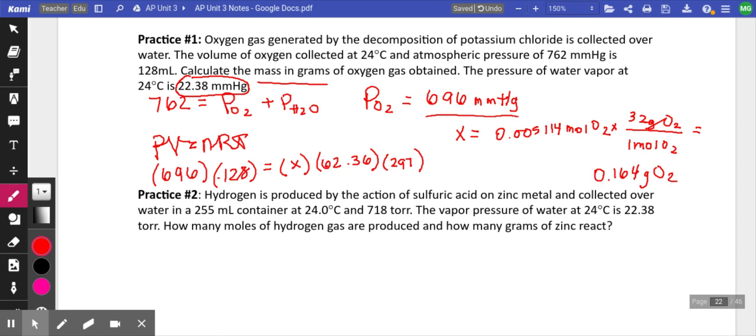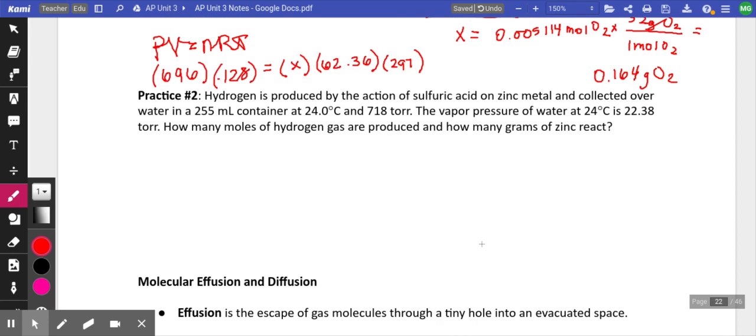Okay, so I'd like you guys to take a second and try this question here, this practice number 2. We're going to be doing a very similar process here where I've got my total pressure and I know the vapor pressure of my water, so I'm going to be able to subtract that out from my total pressure to get the partial pressure of just my hydrogen gas.